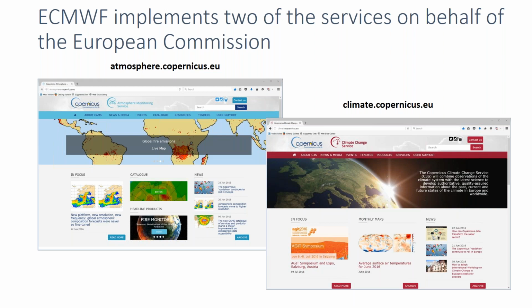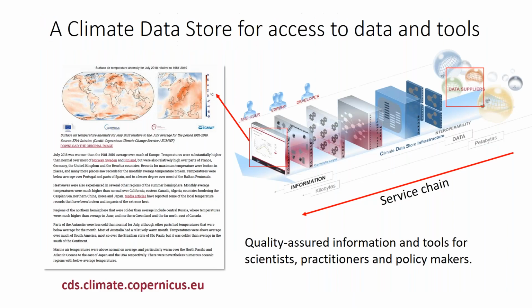Next, please. So in particular, the climate change service, which is what I was part of over the past 7 or 8 years, is about providing climate information in a form that is useful for the different applications in society.